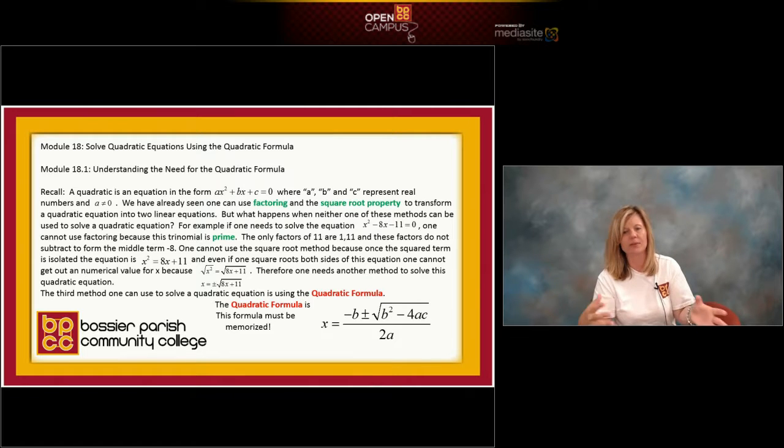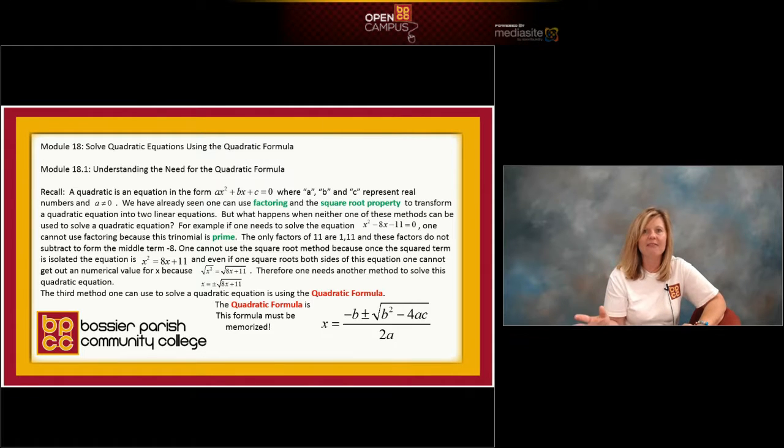So if you look at your PowerPoint, that's what I've done. And we all know on the left side, the square root of x squared would be x. That's great. But everybody now look at the right side. We want to square root 8x plus 11. And if you recall, every equation we solved using the square root property on the right side would just have a constant, a number.